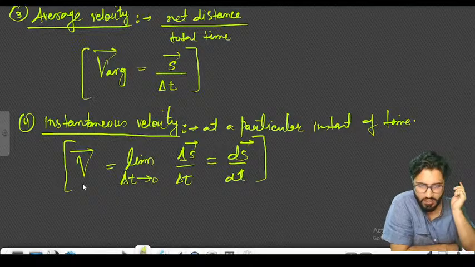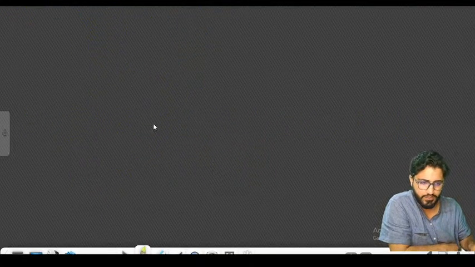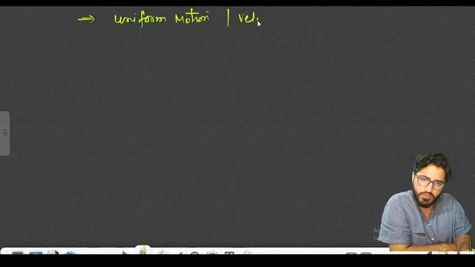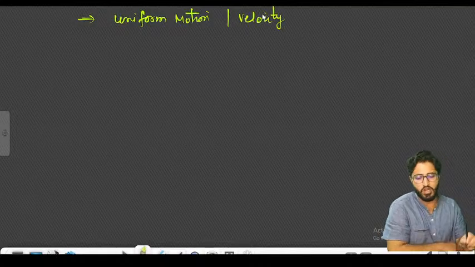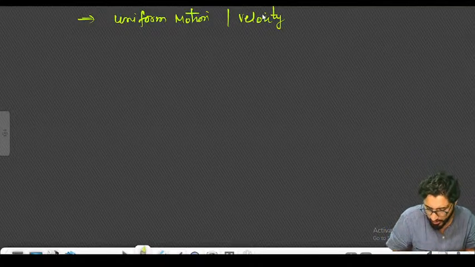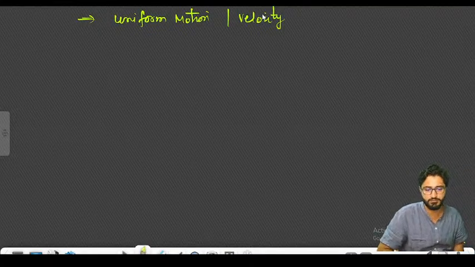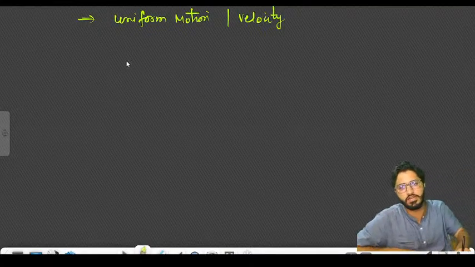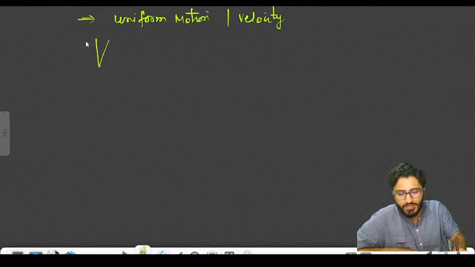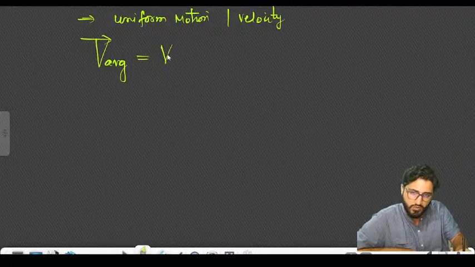One important point is there. If we are talking about uniform motion or uniform velocity, you will write that average velocity is equal to the instantaneous velocity.